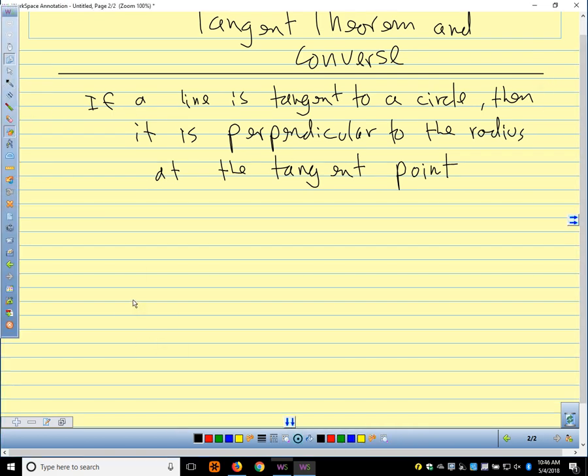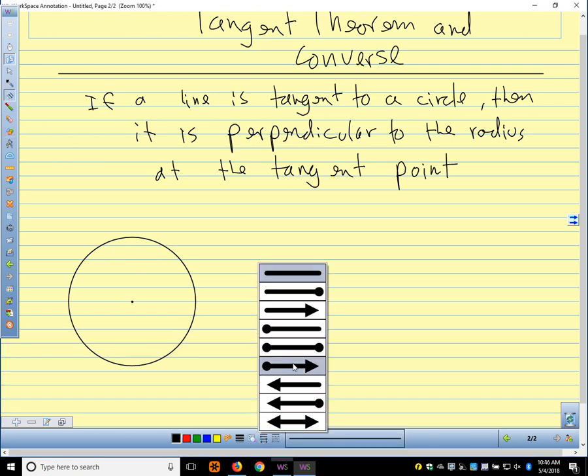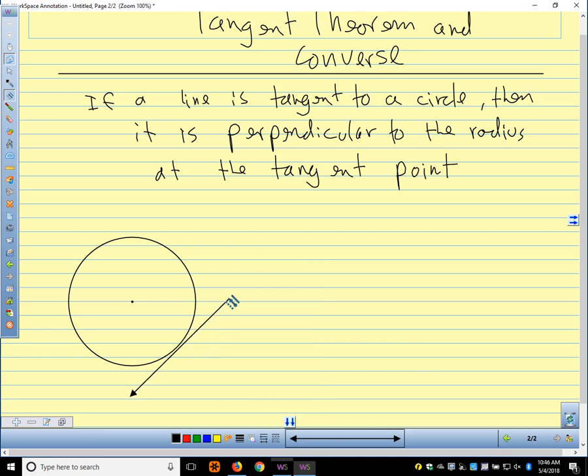So let's draw a picture. There's my circle, and here's my tangent line, like so. There's my tangent point. If I draw in a radius to that tangent point, the line and the circle make a 90-degree angle. Call this circle O, call that tangent point P, and call this line AB.